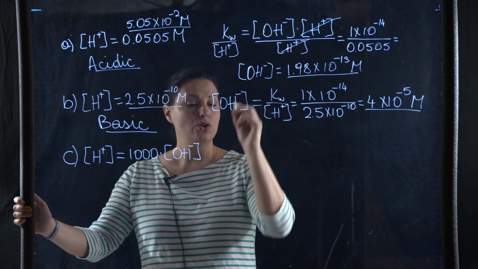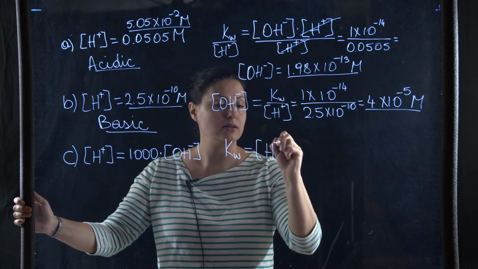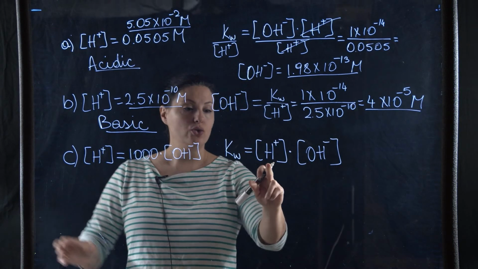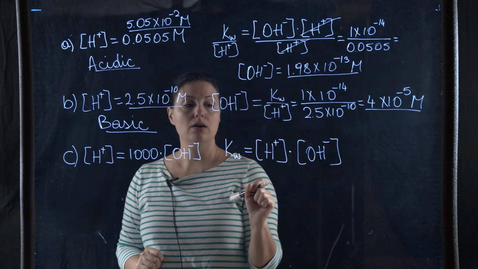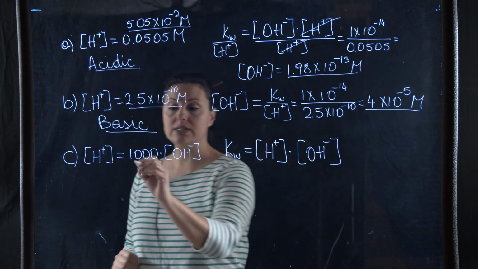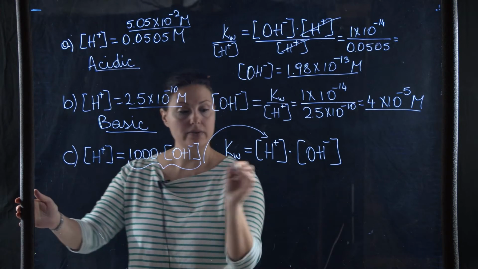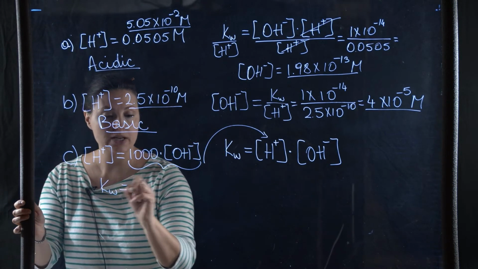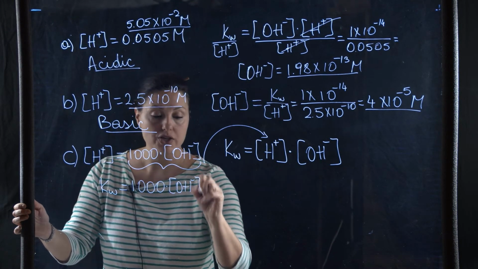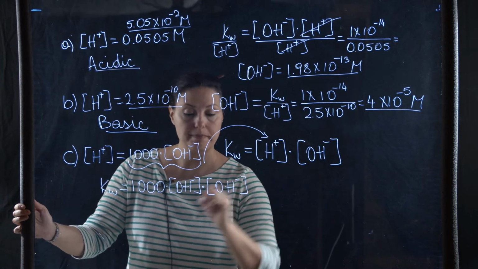Okay, so if I go back to the formula, Kw is equal to the H plus concentration times OH minus. I don't know what the H plus term is, but I know that it is 1,000 times the OH minus concentration. So what I can do is take this term and replace it right here. So I can rewrite this. Kw is equal to 1,000 times my OH minus concentration, and times, I still have to multiply it by the OH minus itself.